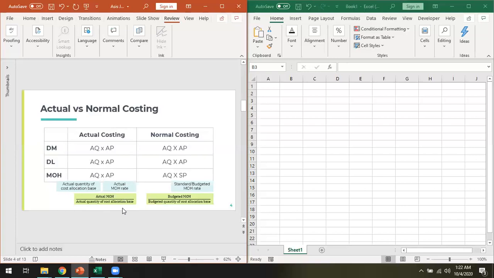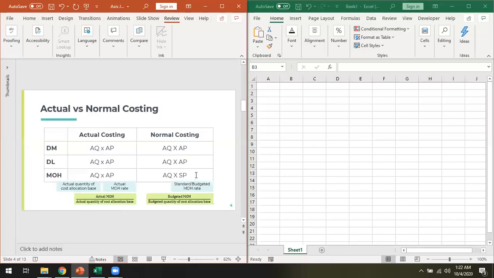The problem with actual costing is that it's a bit tricky to predict the actual manufacturing overhead rate because the number may vary throughout the year. So we want to use another costing system, which is normal costing. In normal costing, we still use the actual quantity and actual price for direct material and direct labor because it's easier to trace those costs per product.